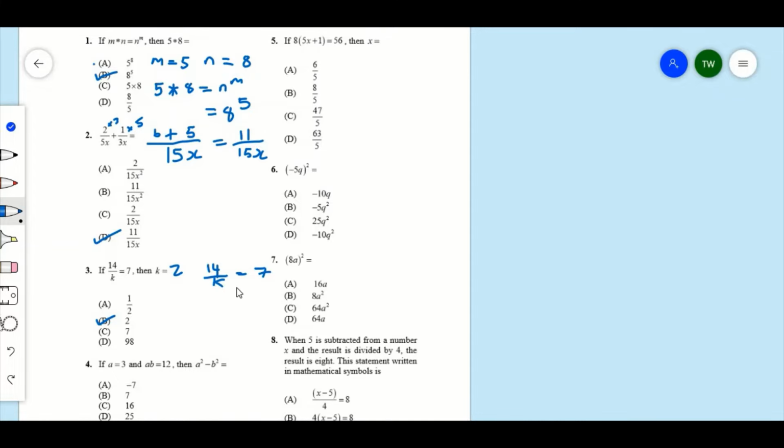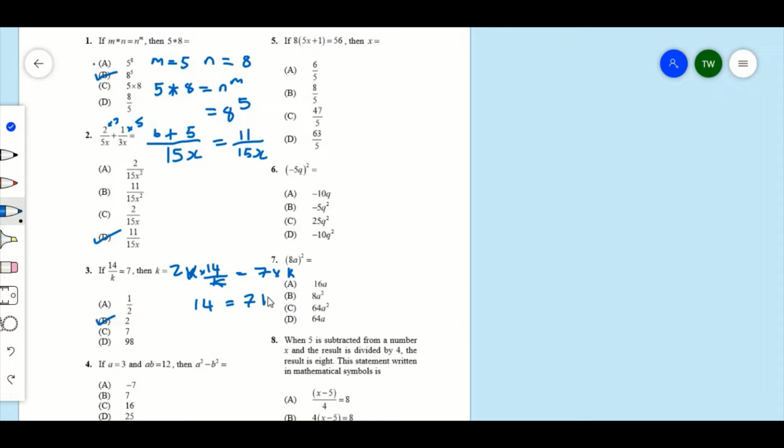Now what you're going to do is multiply both sides by k. Because it's an equation, you need to keep it balanced. So whatever you do to one side, you have to do to both sides. So clearly, k here will cancel with k. What you're left with is 14 is equal to 7 times k, that's going to give us 7k.